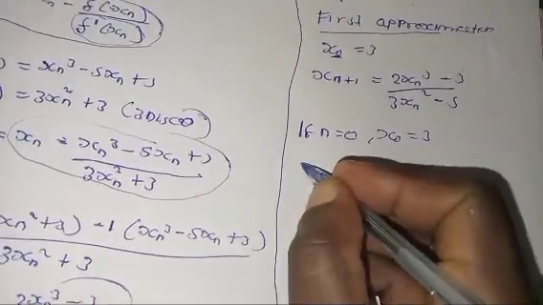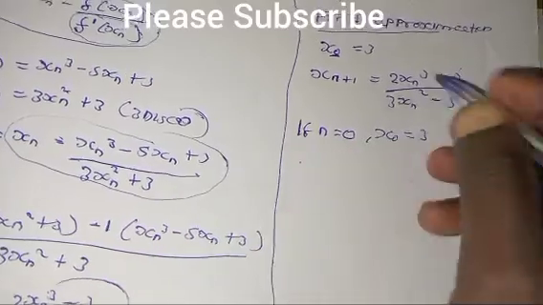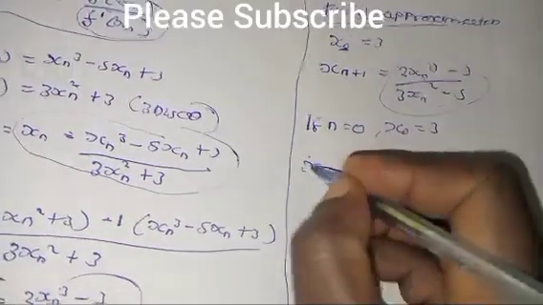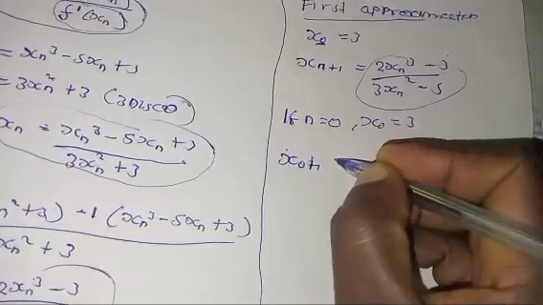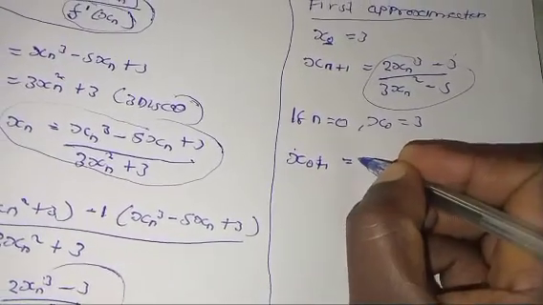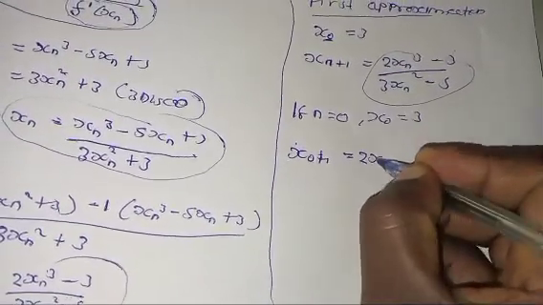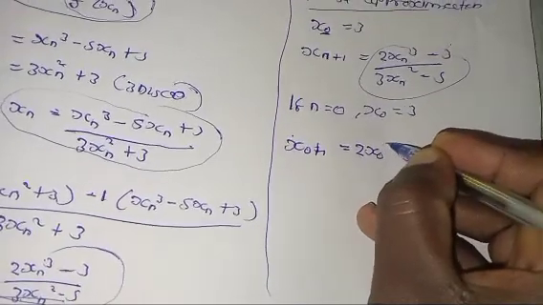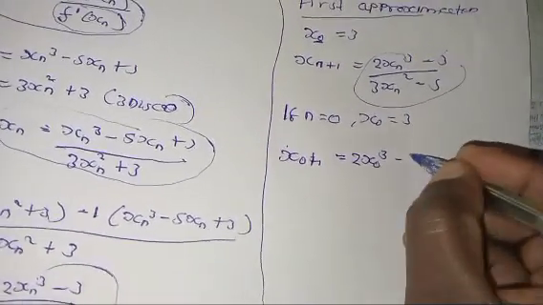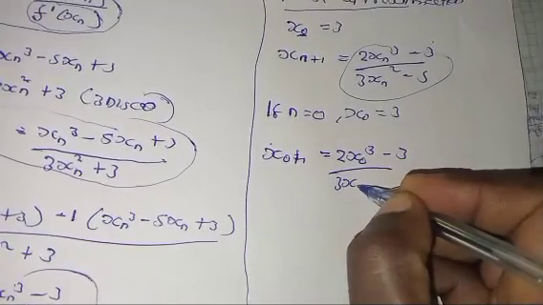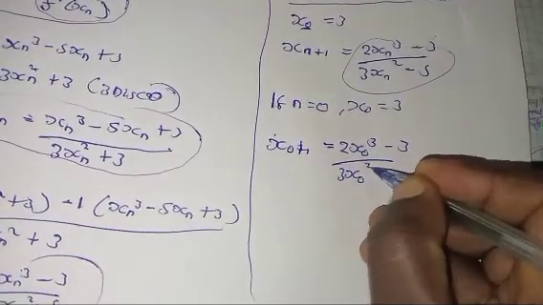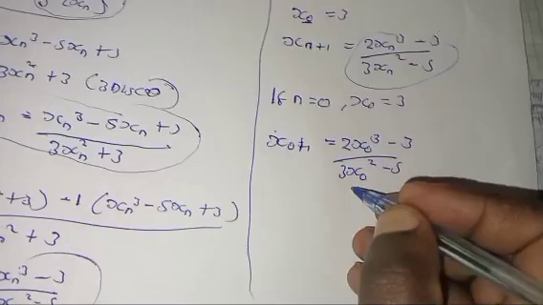So in this equation, x_1 is equals to 2x_0 cubed minus 3 divided by 3x_0 squared minus 5.